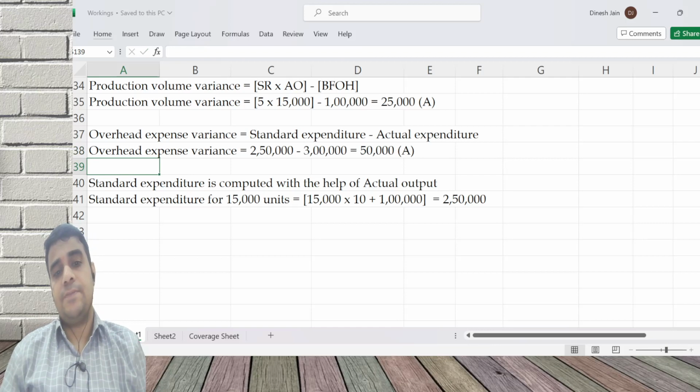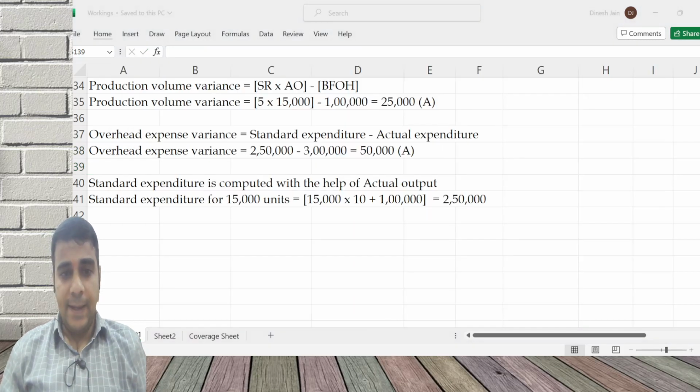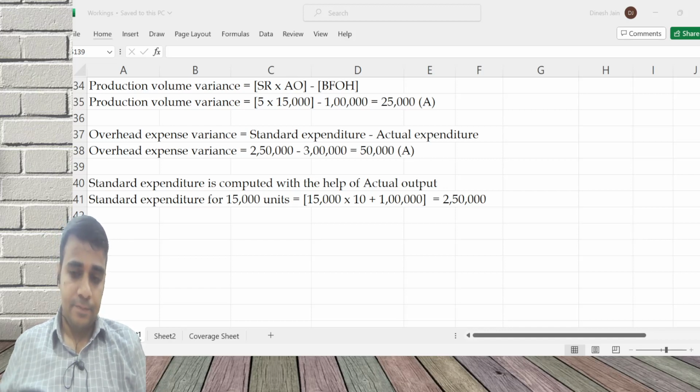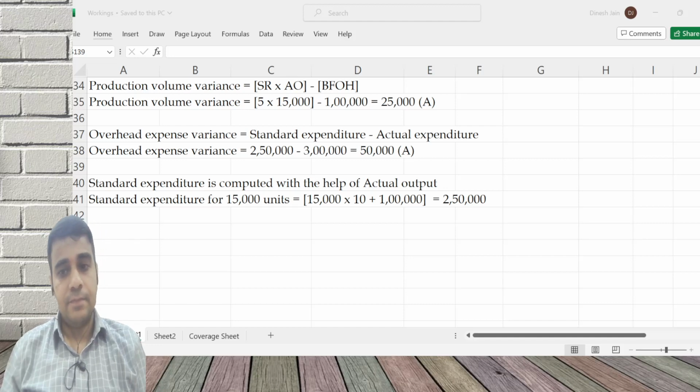So 2,50,000 minus 3 lakh is 50,000 adverse.